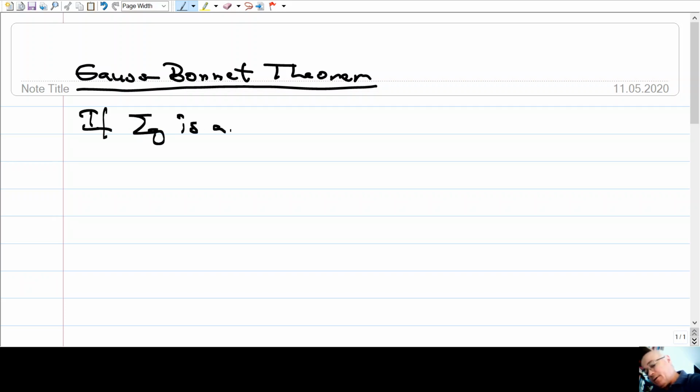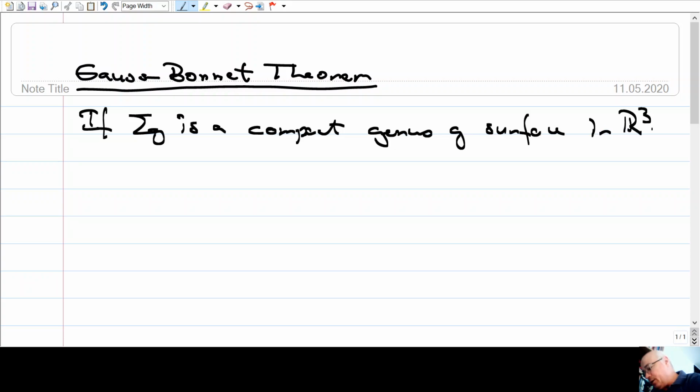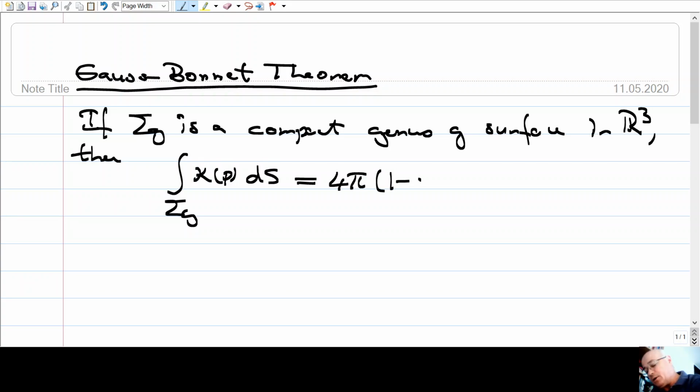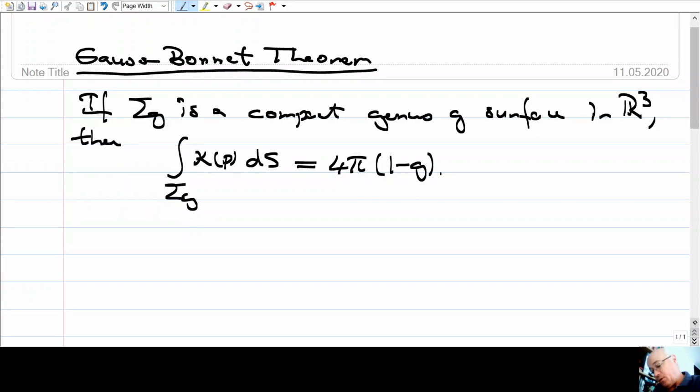If sigma g is a compact genus g surface in R3, then the integral of the Gaussian curvature over the surface with respect to the surface area element is equal to 4 pi times 1 minus g.